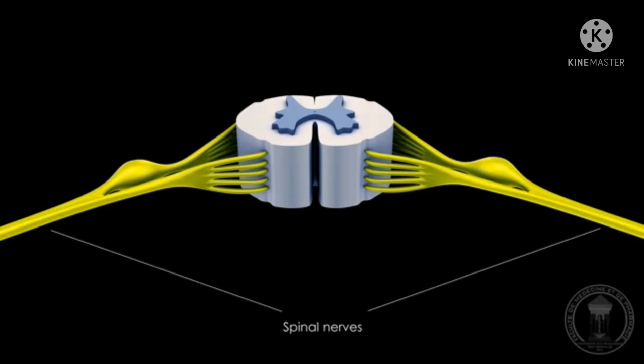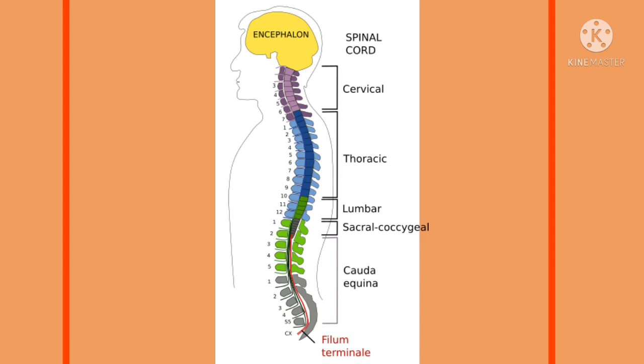Once again, the spinal cord is the continuation of the medulla oblongata. It is a cylindrical structure lying in the neural canal of the vertebral column, covered by meninges.